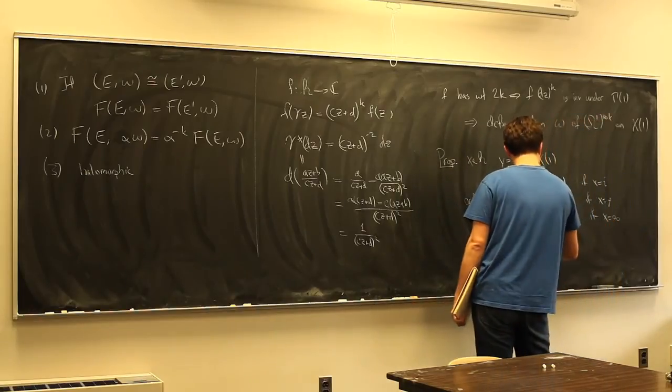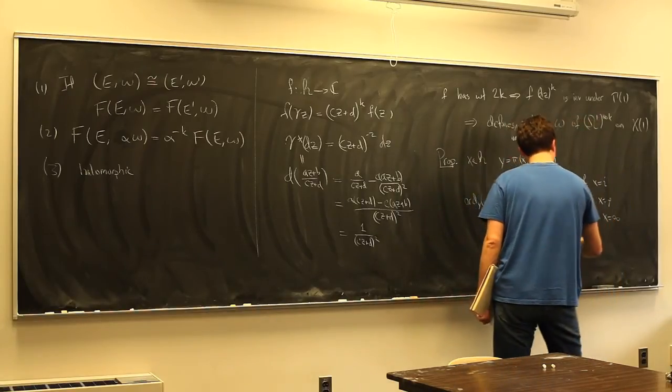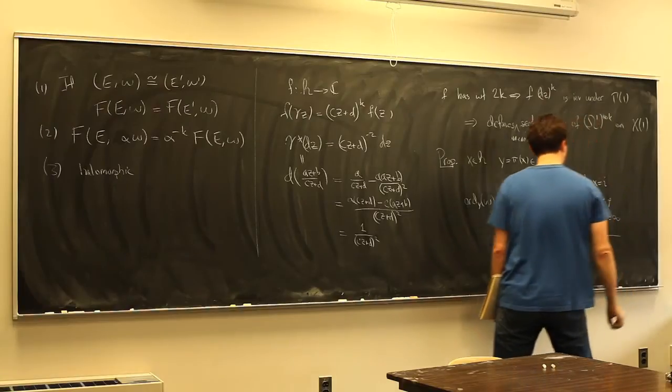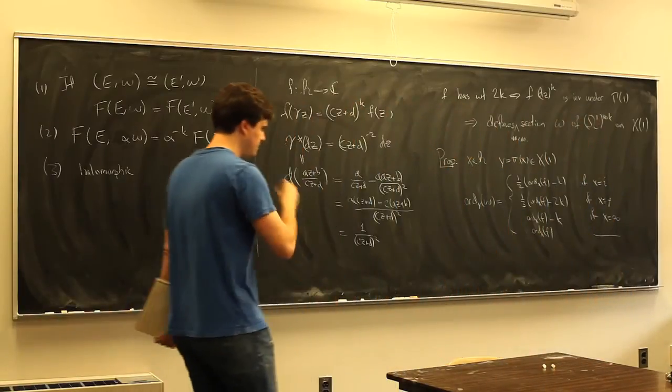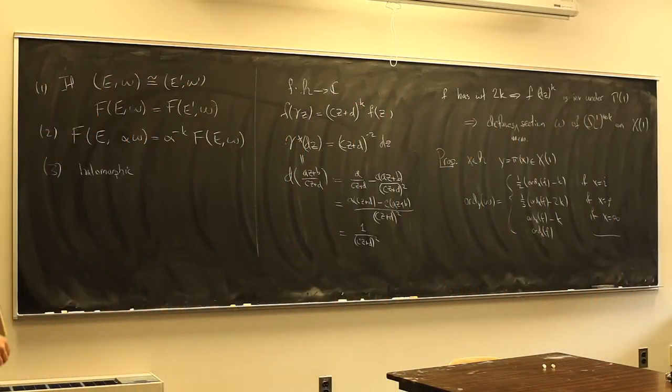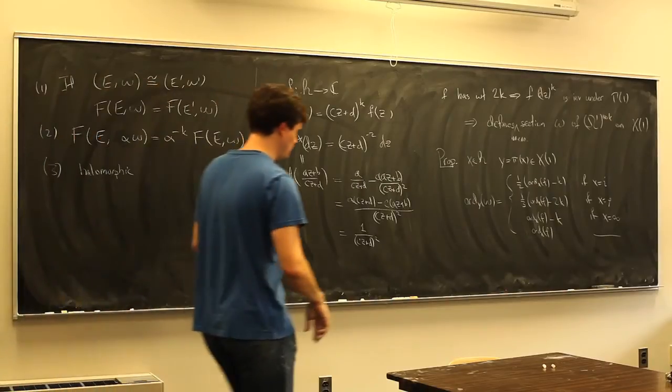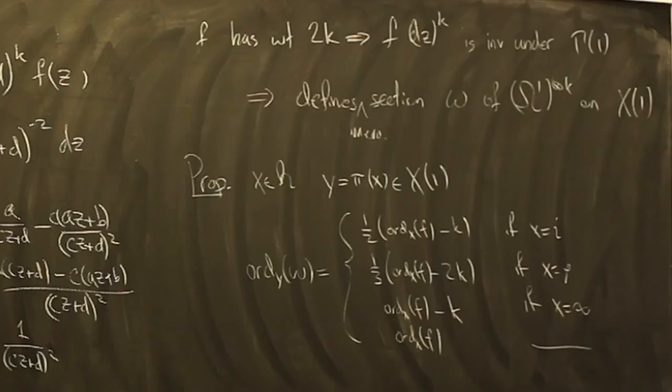And you just get the order of f if x is not any of these 3 points. All right, so let me just prove the first one. The other ones go very similarly.